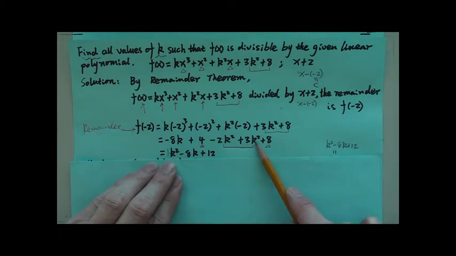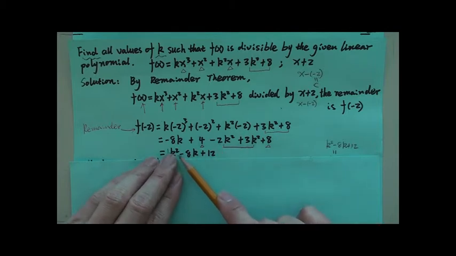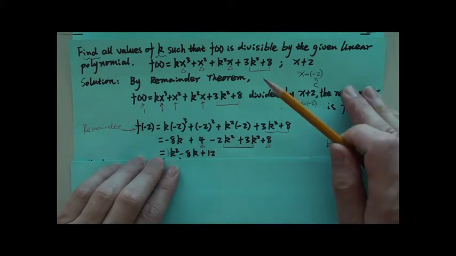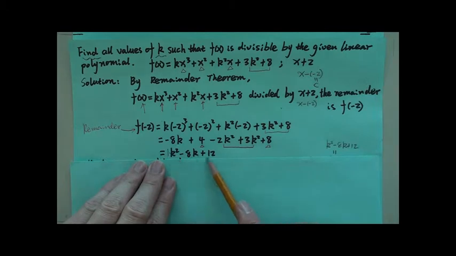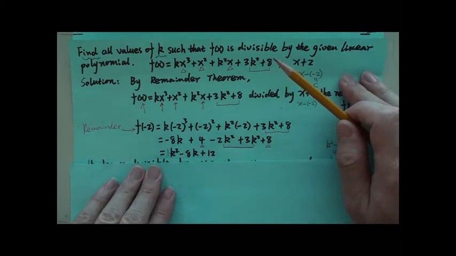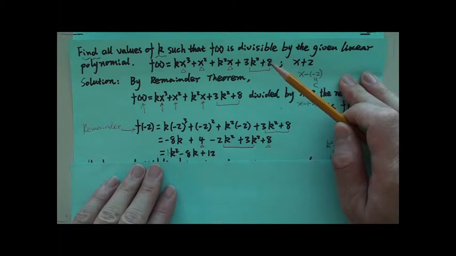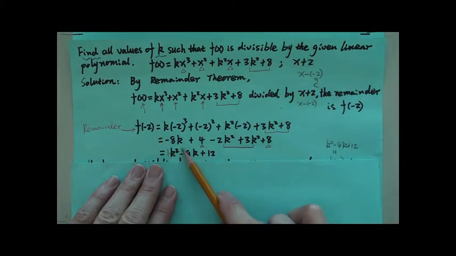So here we have k squared. Then we have negative 8k, you copy it down here. Two constants together, 4 and 8, is 12. This looks like a quadratic function. Now we get the simplified remainder.